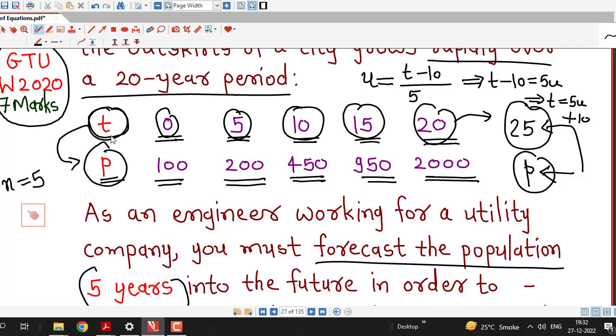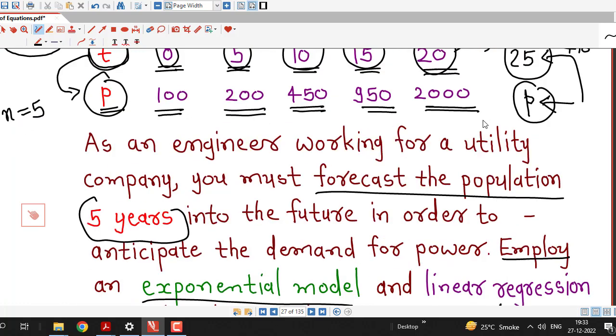So we will not go for values of small t. Instead of that, we will change the variable from t to new variable u, which is given by u equal to t minus 10 divided by 5, and we will find out the regression line of capital P in terms of u. And after obtaining regression line in terms of P and u, we can put this value of t in that equation.